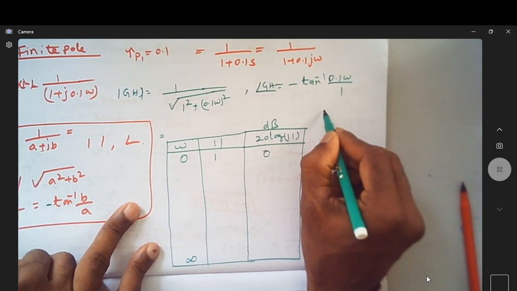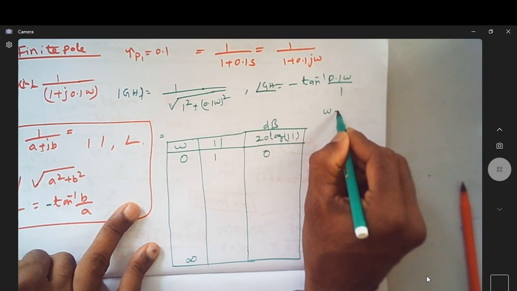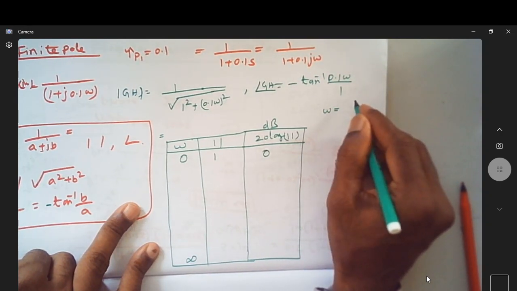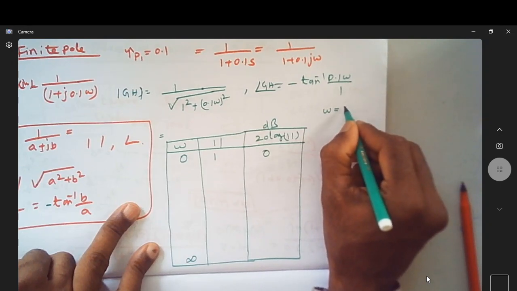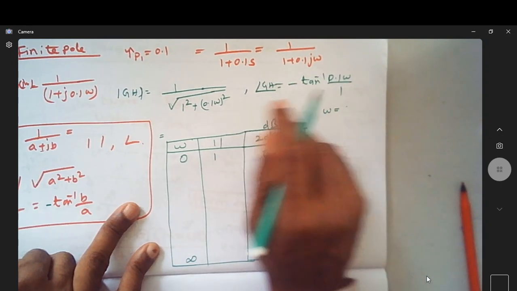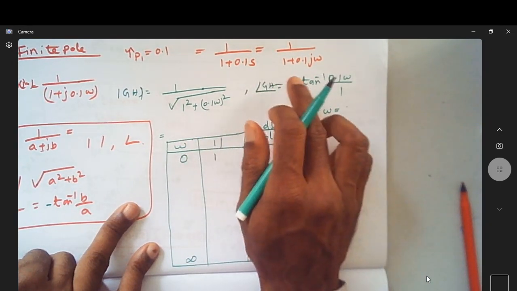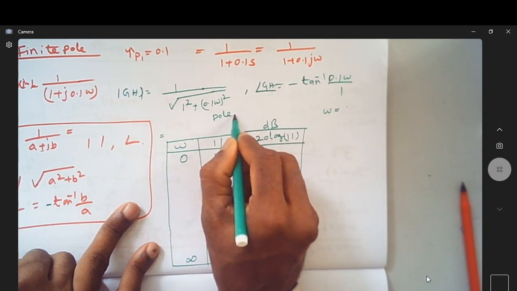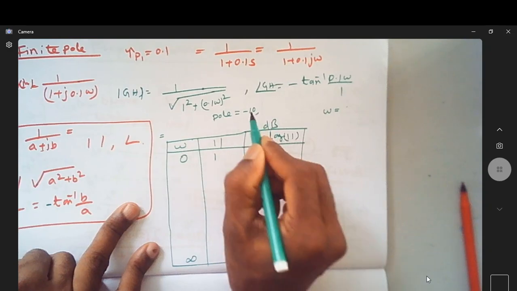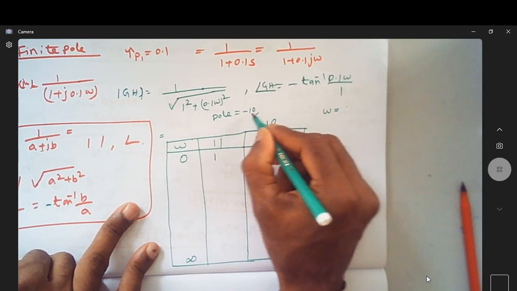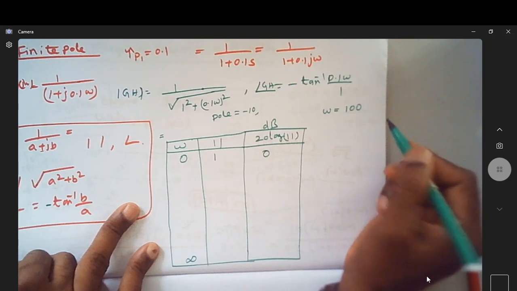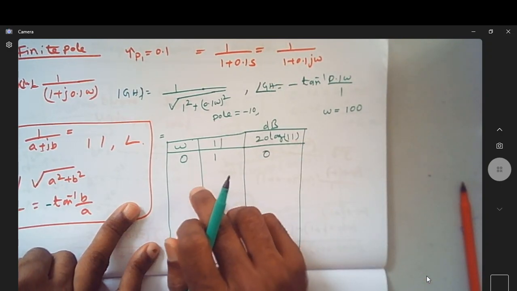Now let us take a very large value of omega. Here the pole is at, where is the pole? The pole is at minus 10 on your S-plane. So let us take omega as something like 100, and let us try to find out what is the magnitude.